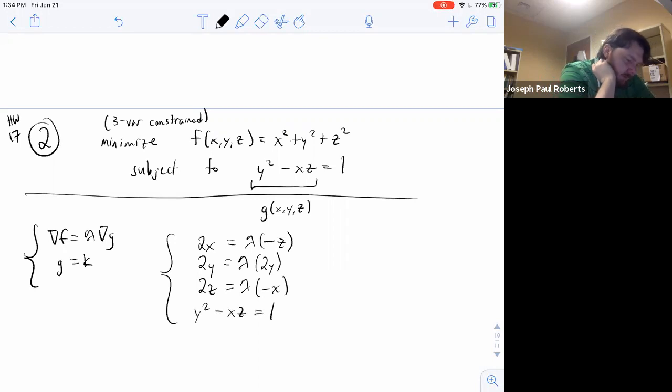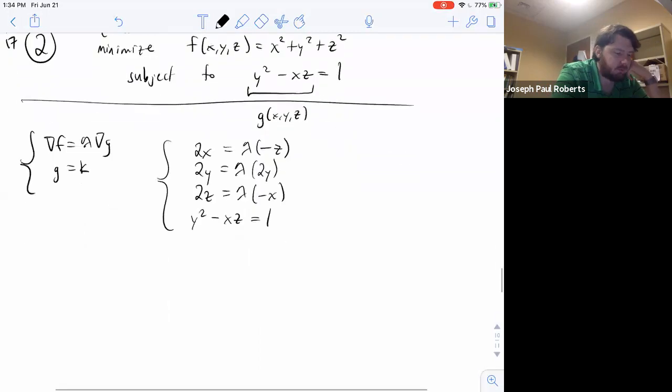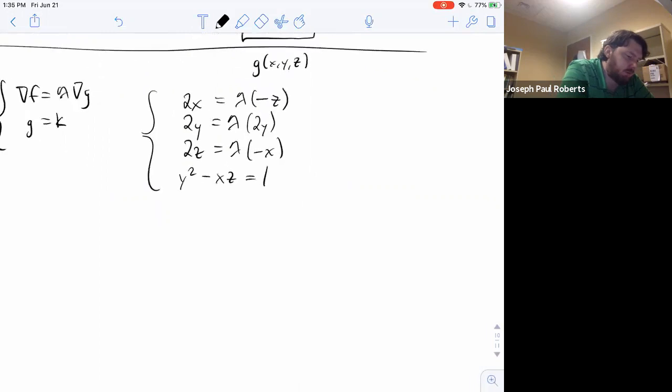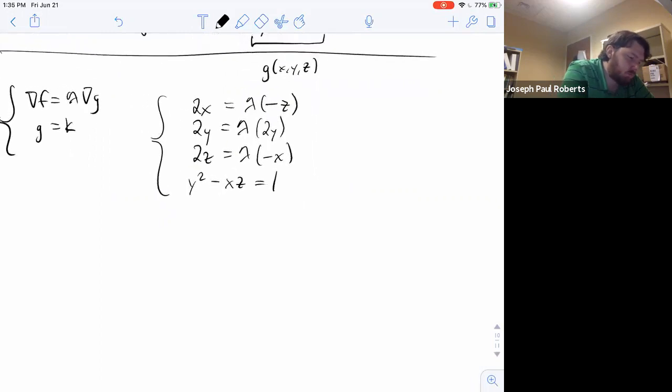So what do we have going on here? I'd like to solve for lambda in the first equation, let's say.